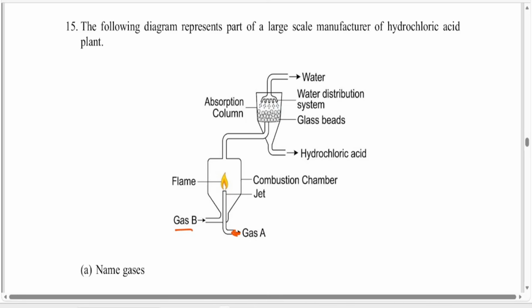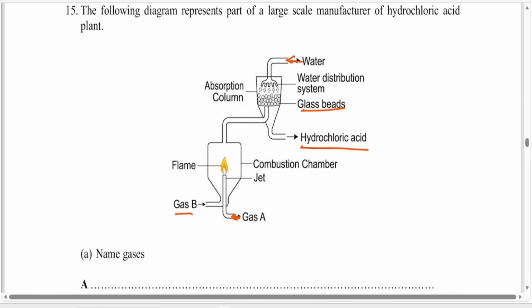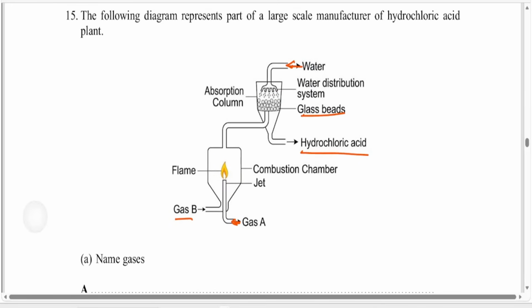The gas A is passed through a jet. Then we have production of hydrochloric acid. We have presence of glass beads in the absorption column. Then we have water that is coming from the top. This is the setup that is used during the manufacture of hydrochloric acid in a large-scale plant.